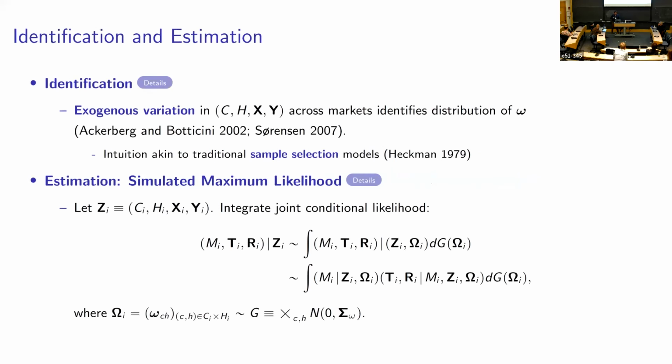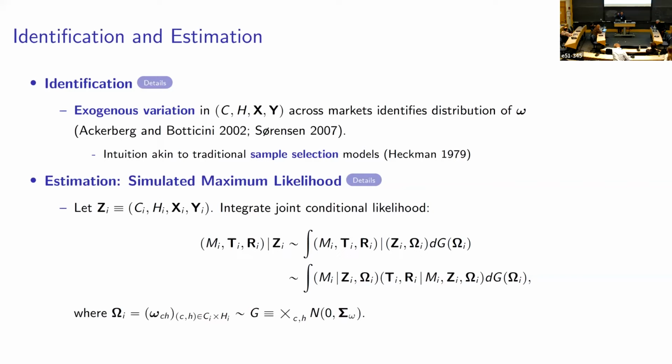Okay, so I'm not going to spend a lot of time on identification and estimation, but the main argument behind the identification of the model is the exogenous variation across markets. This is what identifies the omega, and this is an argument that has been used in not the same model, but similar-ish models in corporate finance.